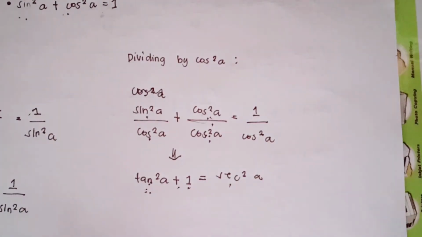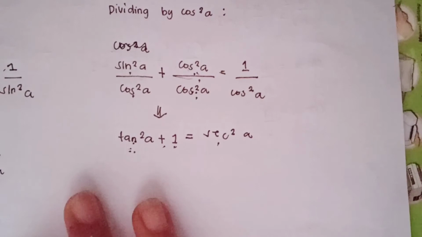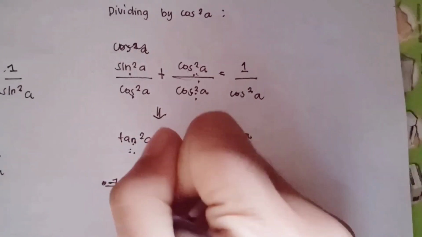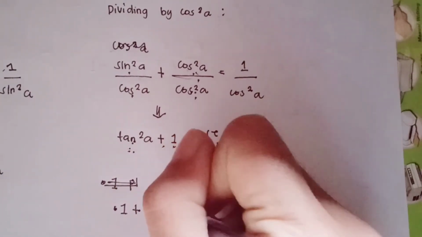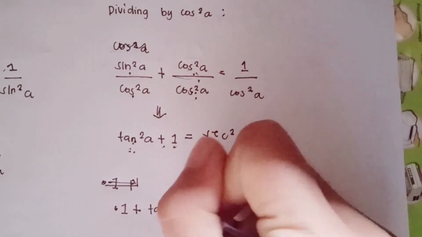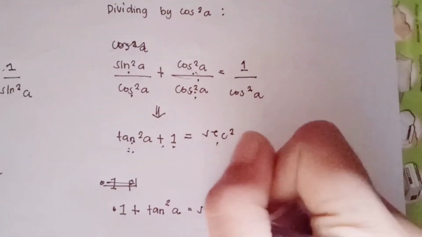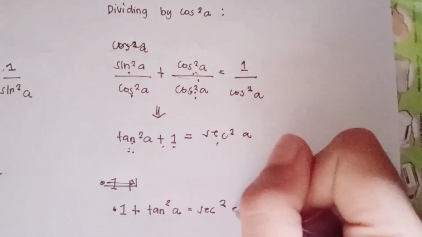We'll switch around the terms on the left side so that the 1 appears in front, giving 1 plus tangent squared alpha is equal to secant squared alpha.